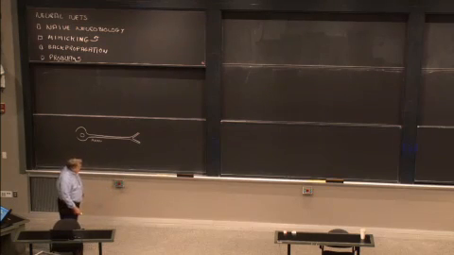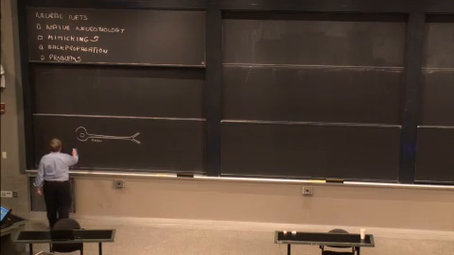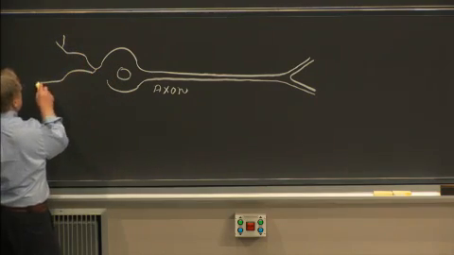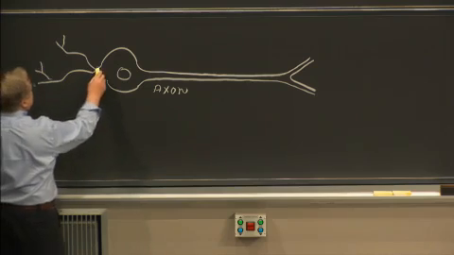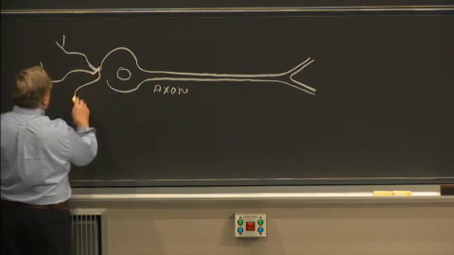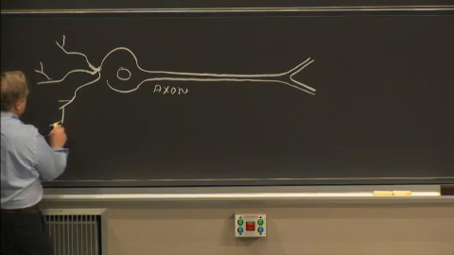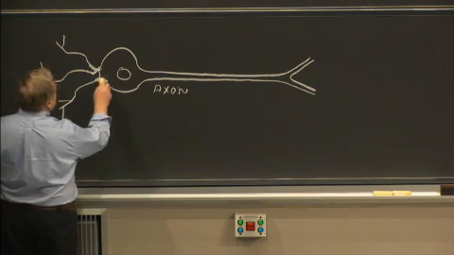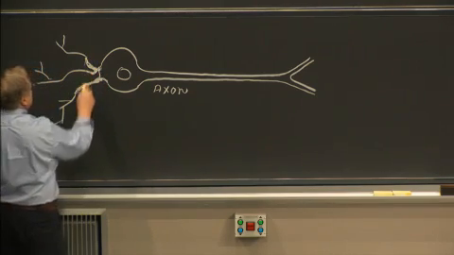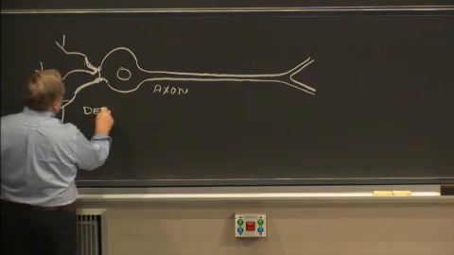On the other end of the neuron, you have a whole lot of things that branch off like so. And these things, in contrast to the axon, do nothing but branch like crazy in general. That part of the neuron is called the dendritic tree.